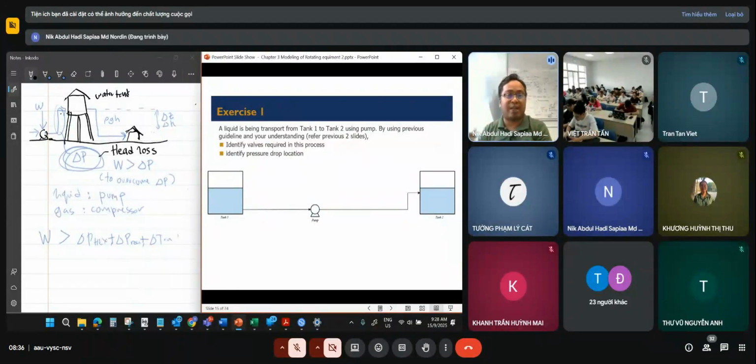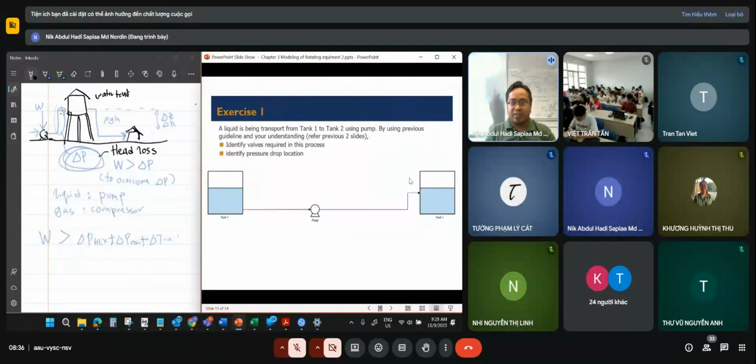So let's do some exercises so that we can appreciate where this head loss comes into place. For the first exercise, let's say we have a liquid to be transported from tank 1 into tank 2 using a pump. By using the previous guideline and your understanding from the previous two slides, identify the valves typically required for this process.